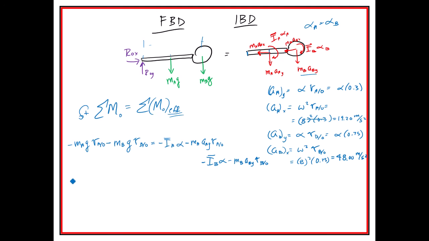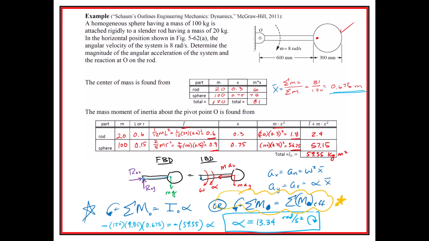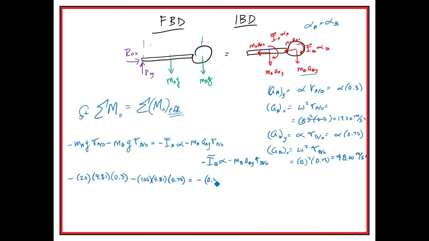So if we put all those values in here, we get minus 20 times 9.81 times 0.3 right here, and then minus 100 times 9.81 times 0.75 equals I_A, which I got individually right here, 0.6 times alpha, and then minus 20, this guy right here we got from up here, times alpha 0.3, but then also times 0.3 again.